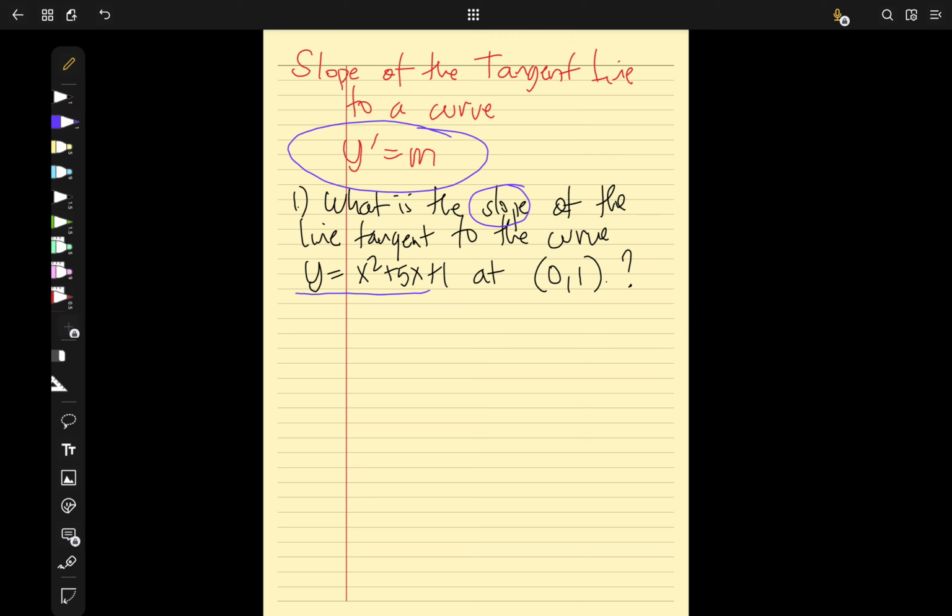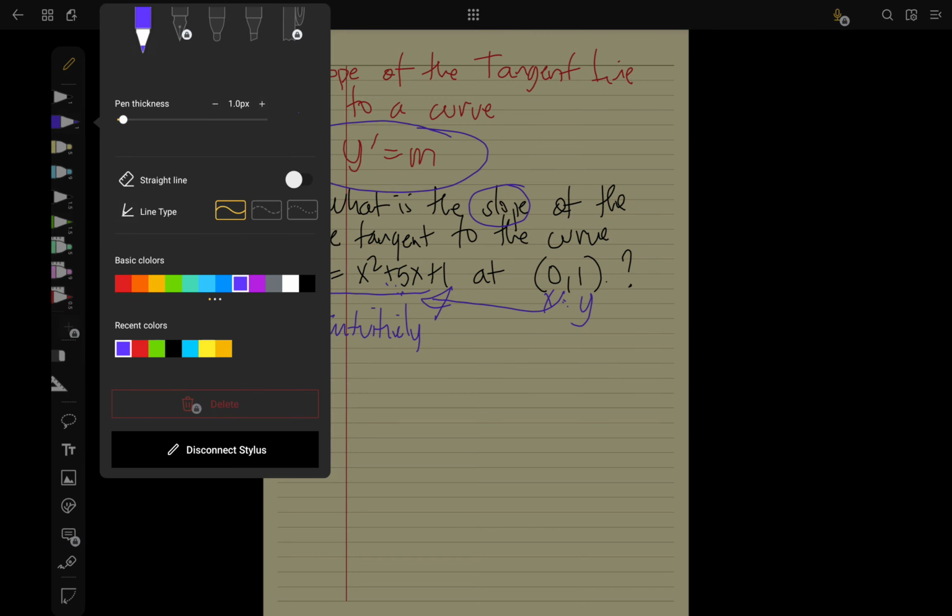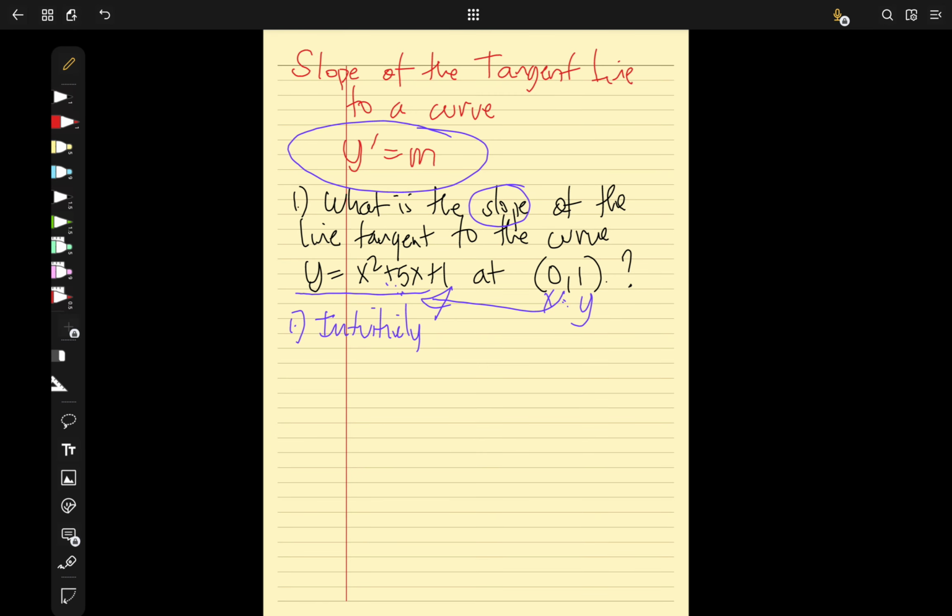What is that? So first, intuitively, you may already have a hunch. Is (0, 1) a point on y equals x squared plus 5x plus 1? Meaning, is it really part of it? Let's check. This is your x, this is your y. Your y is 1. Your x is 0. 0 squared plus 5 times 0 plus 1.